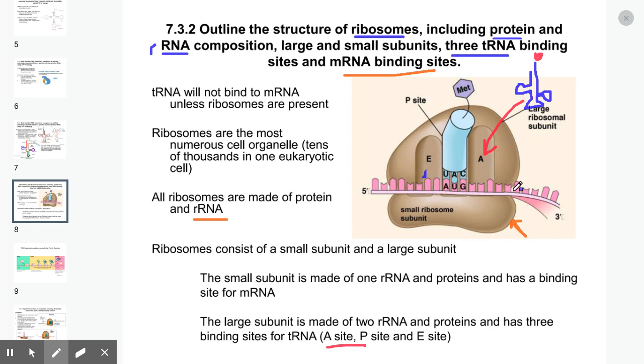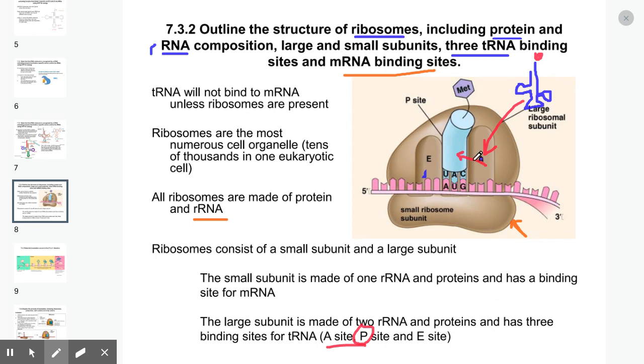And then as our transfer RNA is moving from 5' to 3', this transfer RNA is going to move to the P site. Two things happen. It allows room for a second transfer RNA molecule to come in, but we begin putting together our amino acids to create our polypeptide. That is what the P stands for. So that's our polypeptide site.